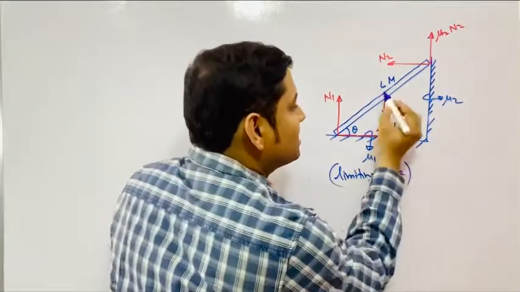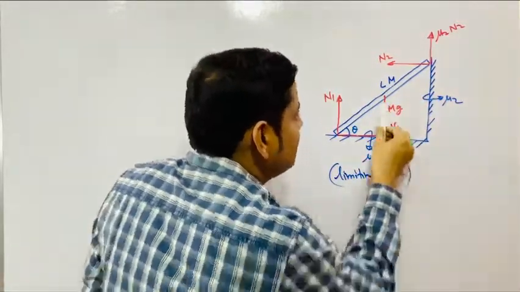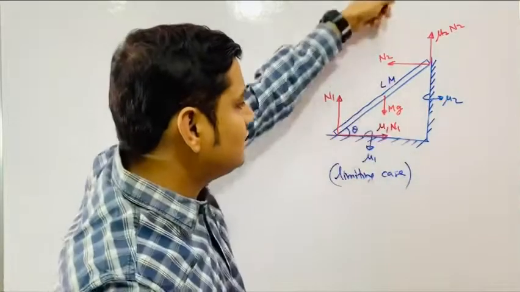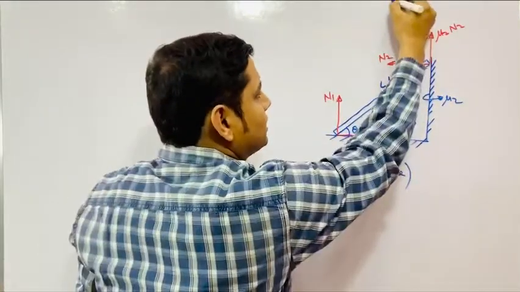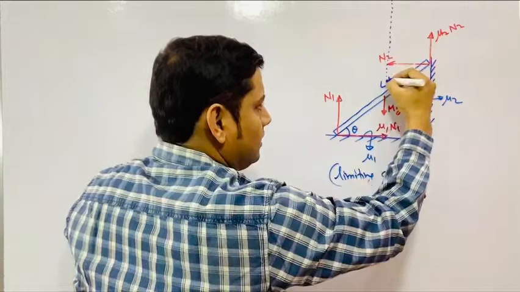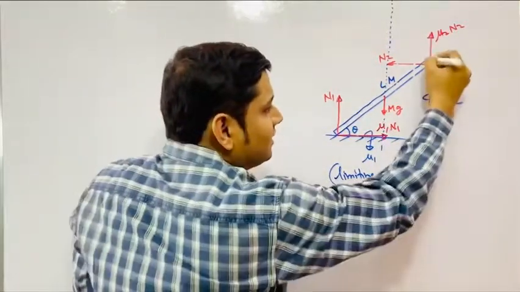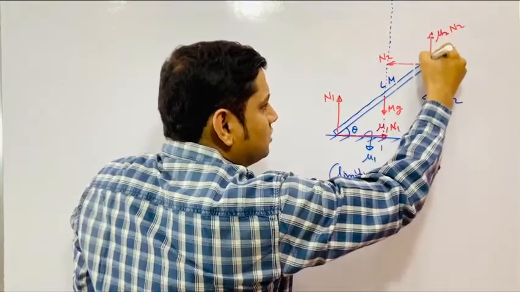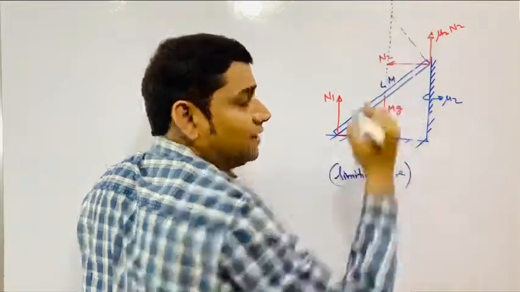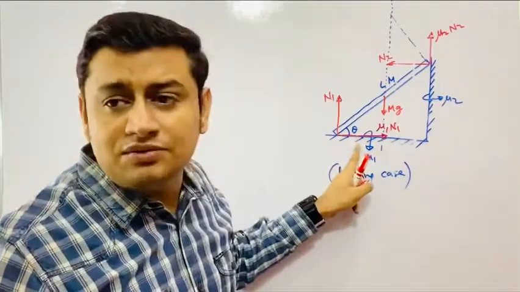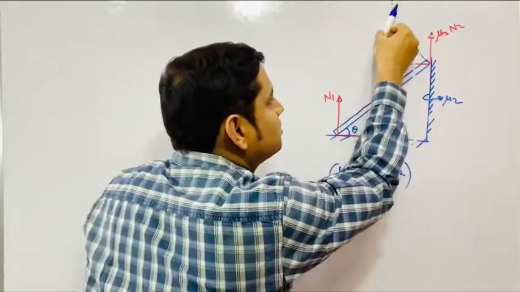Means if I extend the line of action of mg like this, the vector sum of these two must pass through this point.